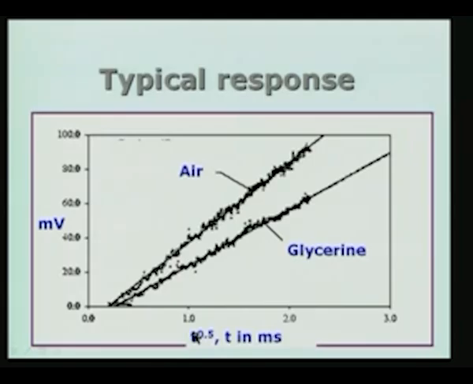Therefore, if you plot the temperature of the surface as a function of square root of time, you are going to get a linear relationship, and you can see that the linear relationship is more or less obtained, excepting probably at very small time there may be some problem, and there is also some noise in this particular measurement, but the response is very closely a square root of time response.